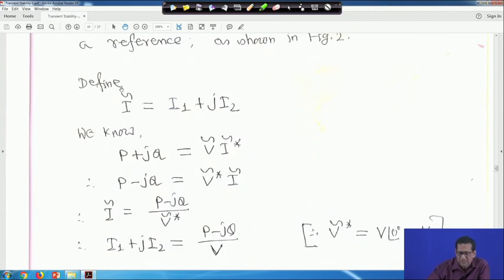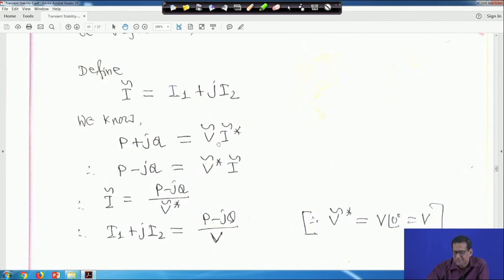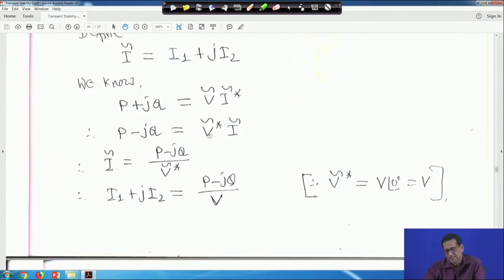Now define I tilde is equal to I 1 plus j I 2. So, this is the real part and this is the imaginary part, right. Now, we know P plus j q is equal to V tilde I tilde conjugate, or P minus j q is equal to V tilde conjugate into I tilde.